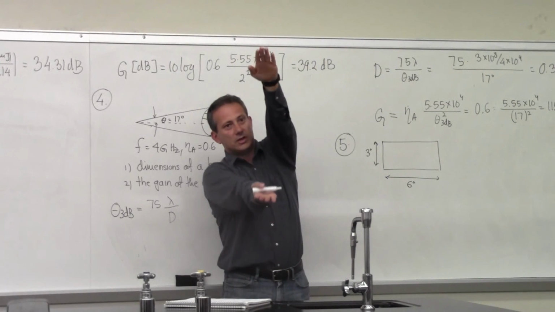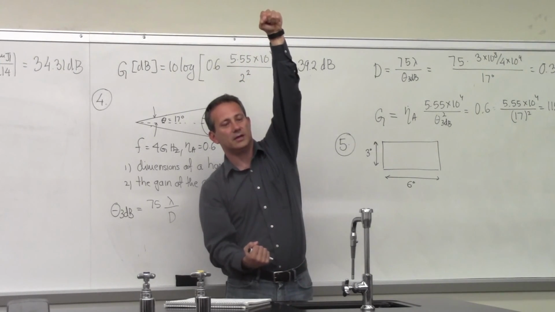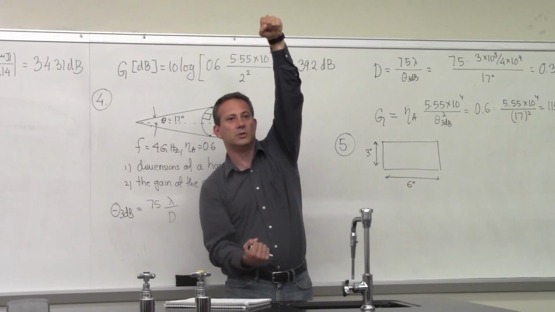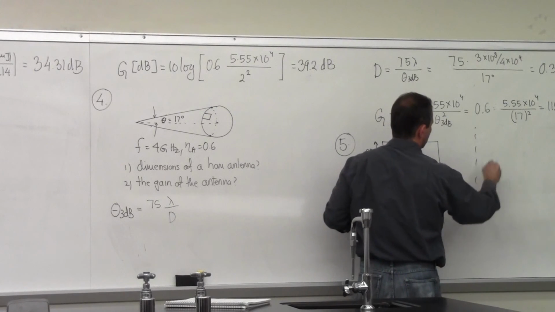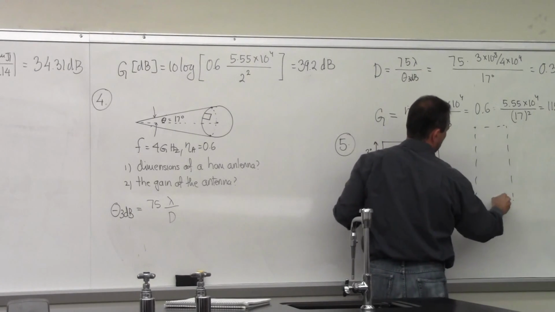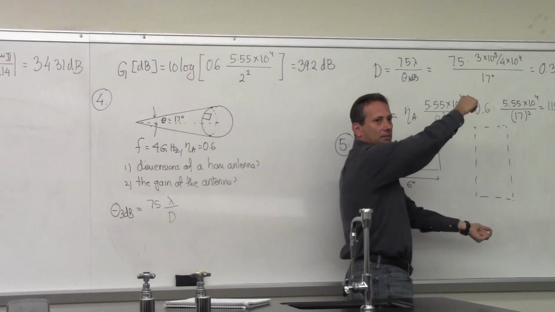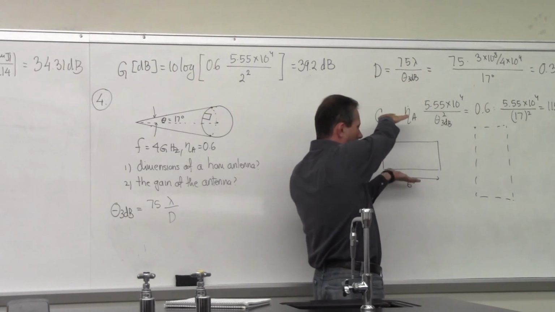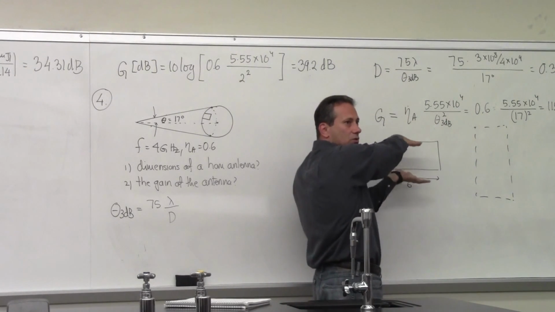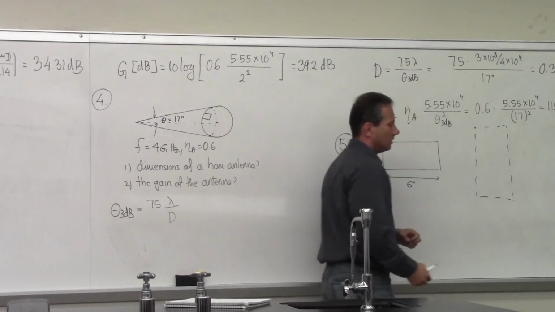So if you want to focus the energy in this direction, your dimension relative to the lambda in that direction needs to be larger. So the horn that would accomplish this would look like this. It would be longer this way, so your D over lambda in that direction would be larger. Therefore, the beam width would be squished that way, and it would be less selective in the other direction.